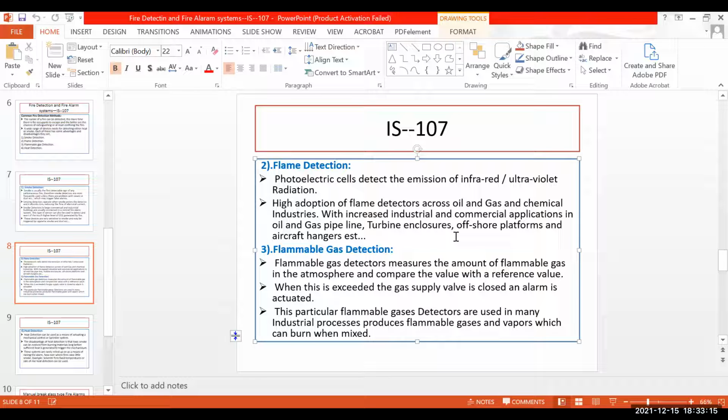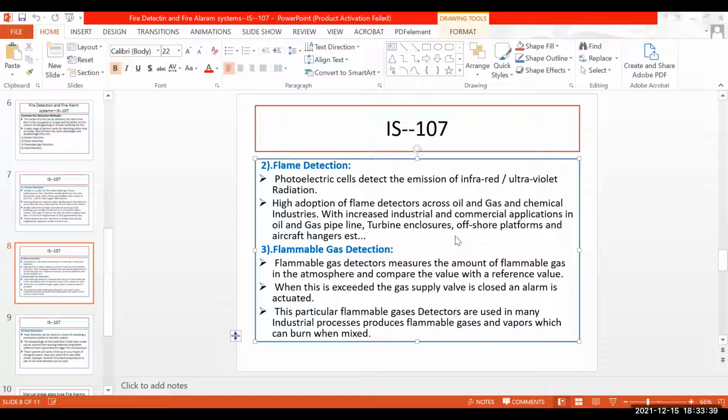Those turbines are enclosed like a cabin to protect against sound and vibration.